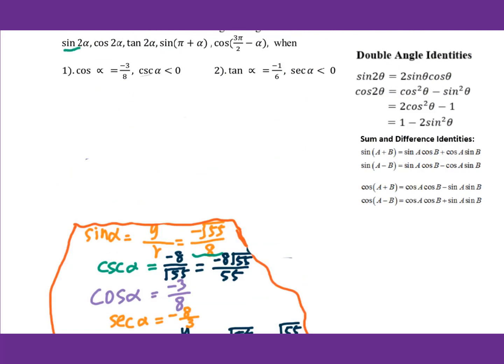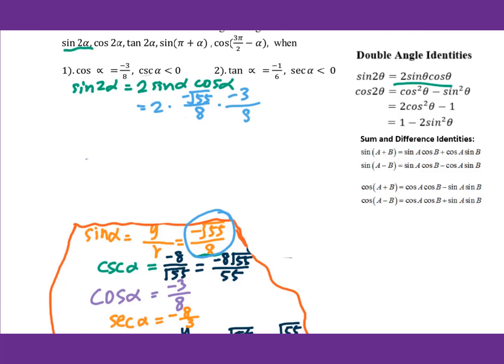We can work on sine 2 alpha. Sine 2 alpha equals, using this formula, 2 sine alpha times cosine alpha. For sine alpha, we have negative square root of 55 over 8 times negative 3 over 8.